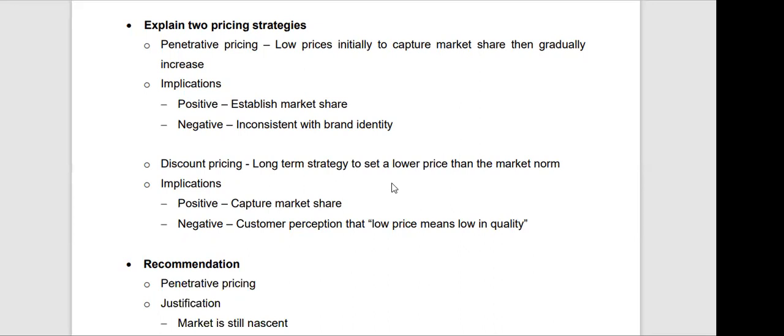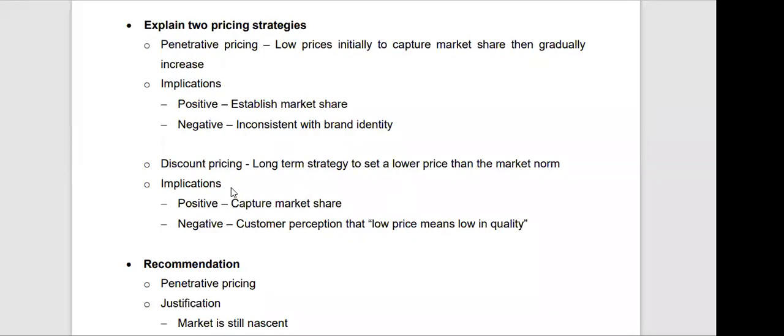In penetrative pricing, we just charge a low price in the short term. However, in the discount pricing strategy, for a long period of time, we keep on discounting our prices.